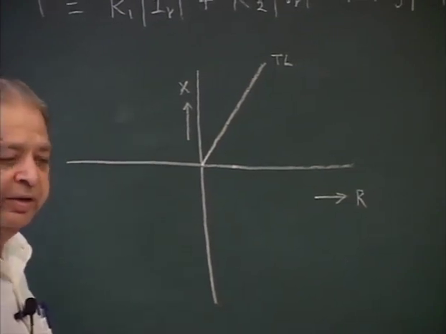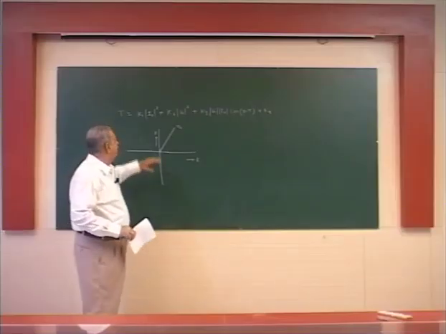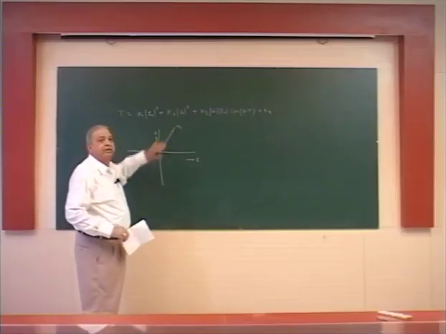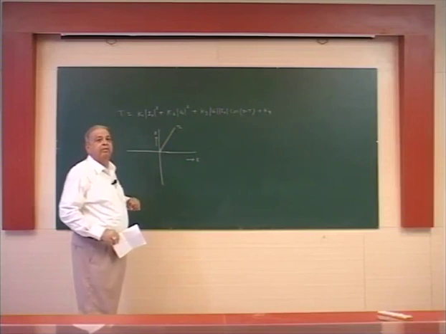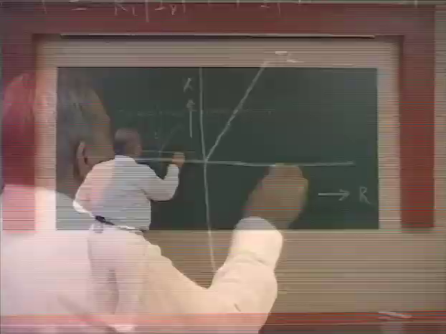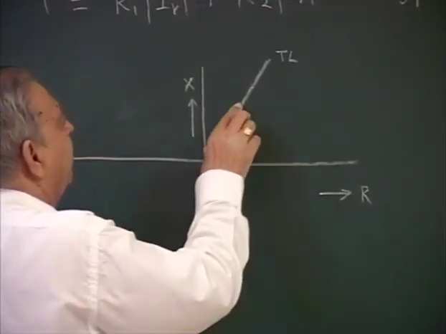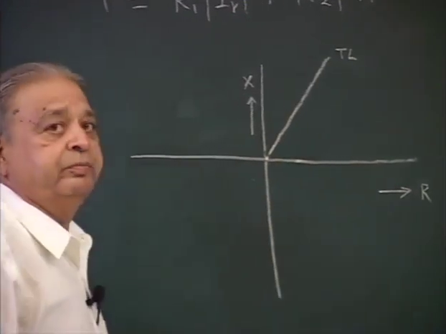Now, operating characteristic of the relay should be a snug fit to this line. Relay should not unnecessarily operate on this side, should not operate on this side, should not operate on this side, should operate only in the first zone.